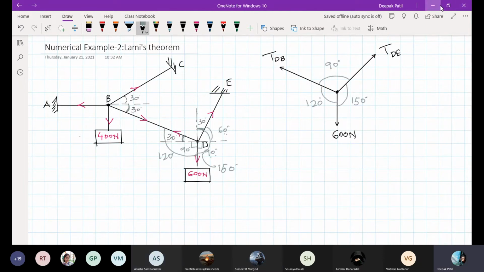Now let me apply Lami's theorem, because I know only three concurrent forces are there, all acting away from the particle and all in equilibrium.